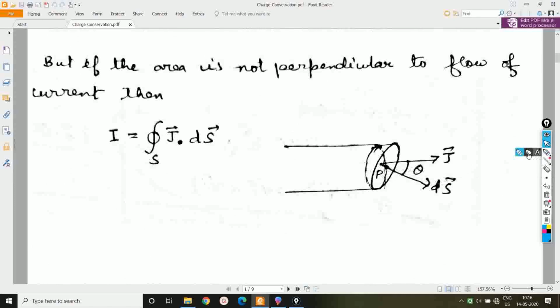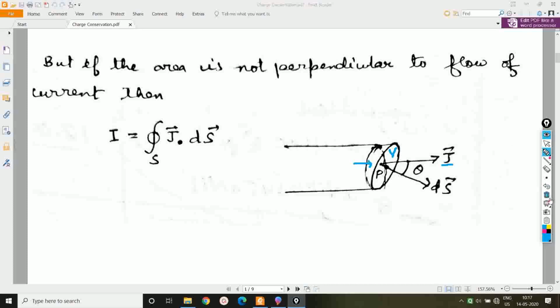In this diagram, you will see this area, which I am showing with blue marking right now, but at this point P, electric current is in this direction of J here, which is perpendicular to this cross section, but for this particular cross section, current is not perpendicular to it. So how will you link then?